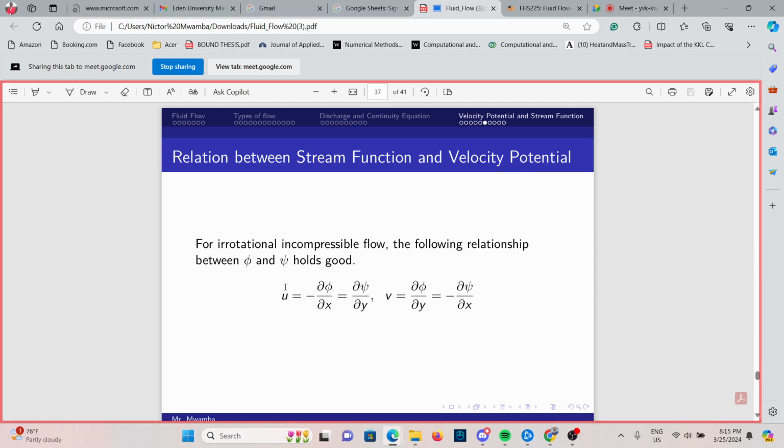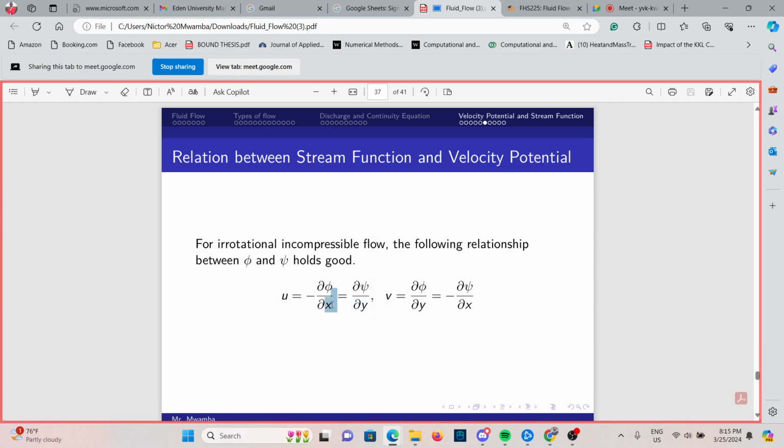You can use both of them to find the velocity components. So you can just see how you can relate those velocity components according to the relationship that we defined up there. So this is how the velocity potential, this one, is related to the stream function.